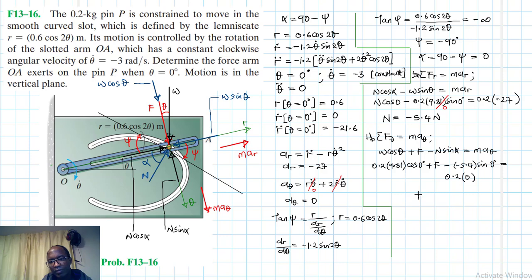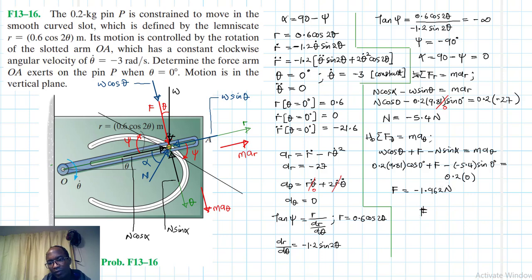Therefore, our F is just equal to minus 0.2 by 9.81, which is minus 1.962 newtons.